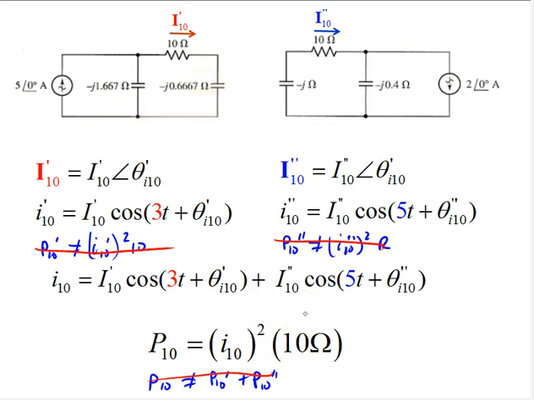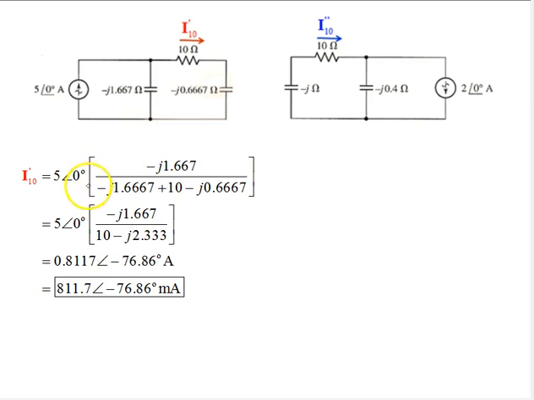So there's our strategy. Then we can go through and we can find our I10 prime. I10 prime is easy enough to find using a current division. Since we only have 2 branches, it's easy enough to just use the impedance.